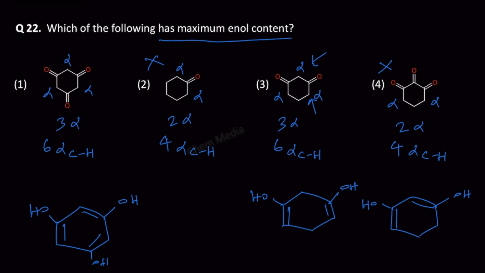So therefore, which one is more resonance stabilized? This form is more resonance stabilized, and therefore 1 will have the maximum enol content. Therefore option 1 is correct.